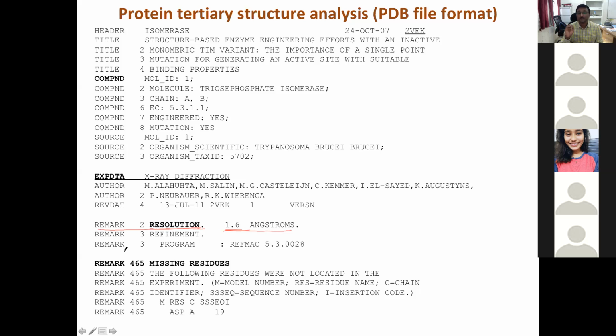However, it may happen that there are certain residues for which you do not have any coordinates obtained during the diffraction.